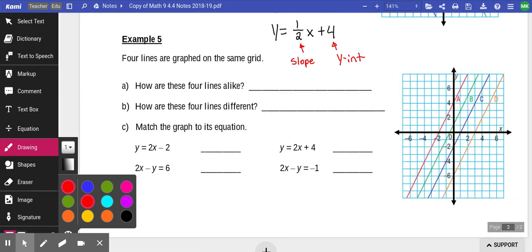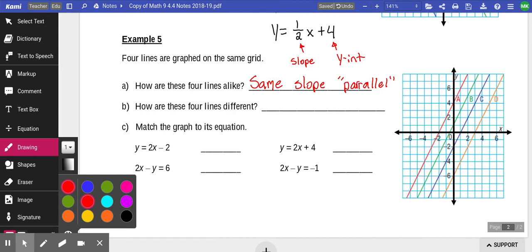So when we answer these questions, how are these 4 lines alike? They all have the same slope. I'm just going to put in quotation marks, that means they're parallel. I think I'm missing an R there. Parallel. Yeah, I'm going to put another R in there.